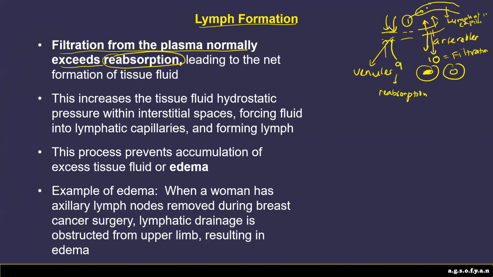So the one will enter here. Okay, so this is the formation of lymph. The one that enters into this lymphatic capillary becomes lymph. So the net formation over here is the one that will form the lymph.